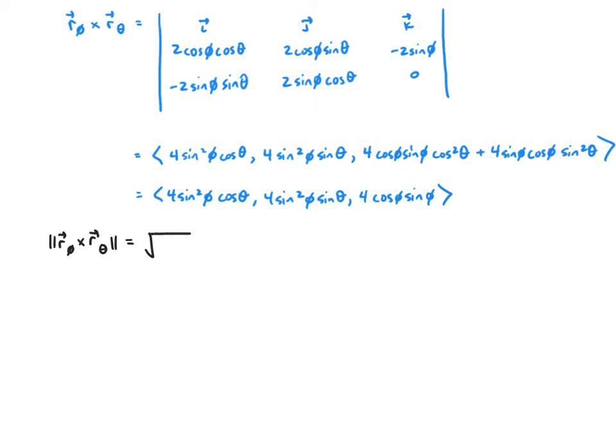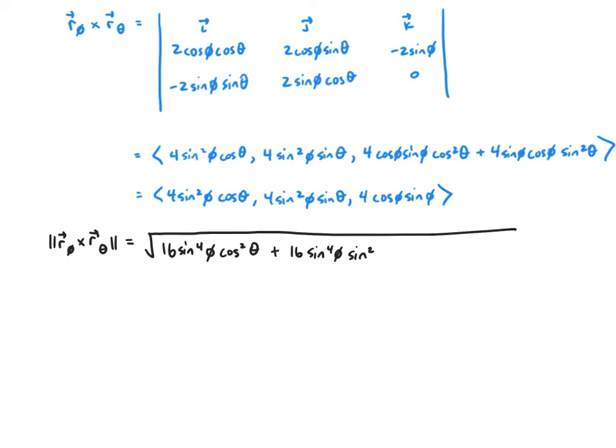So we have the square root of 16 sine to the 4th phi cosine squared theta plus 16 sine to the 4th phi sine squared theta plus 16 cosine squared phi sine squared phi. All right, let's see if we can simplify that down a little bit.